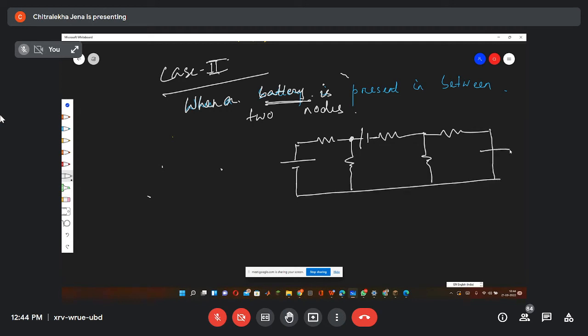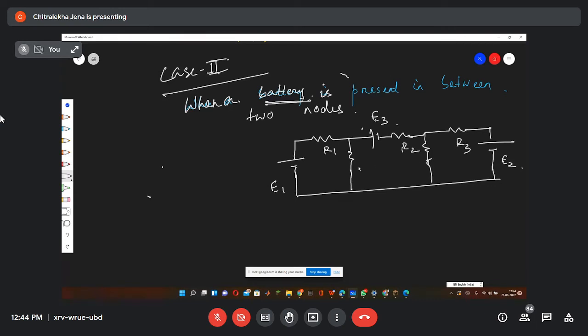Here we are having three sources. One is your E1, this one is E2, this one is E3. This one is R1, this is R2, this one is R3, this one is R4, this one is R5.